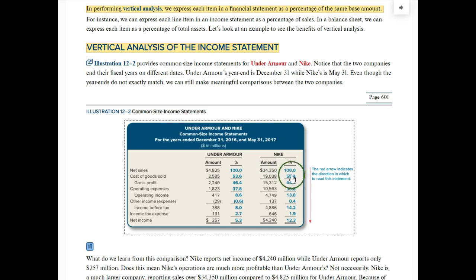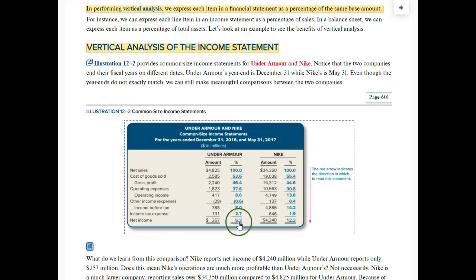For Nike, they have 44.6 cents. What this tells you is that Under Armour has its product marked up a little bit higher above cost than Nike. So 46.4% compared to 44.6%. Now, of course, actual dollar-wise, we're looking at $2 billion compared to $15 billion, but this allows you to see more how each company is doing within its own company.